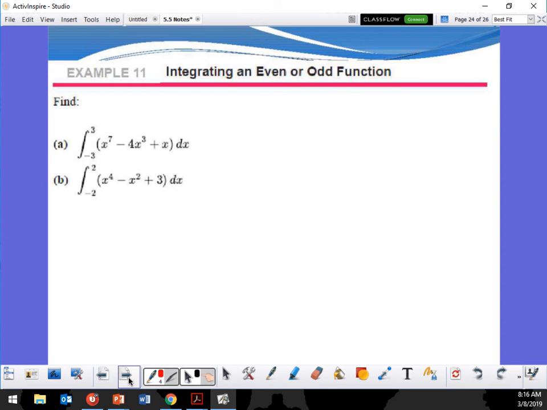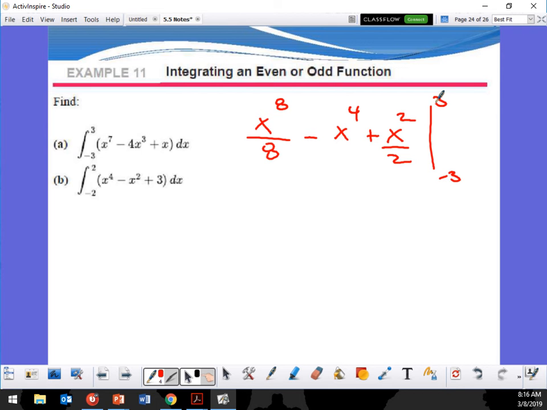This one should be asymmetrical, right? So if I do the math on it, let's go ahead and do the math. That's going to be x to the 8 over 8 minus x to the 4th plus x squared over 2 from negative 3 to 3.